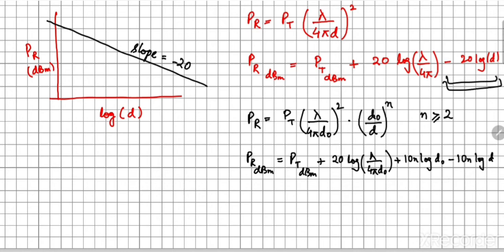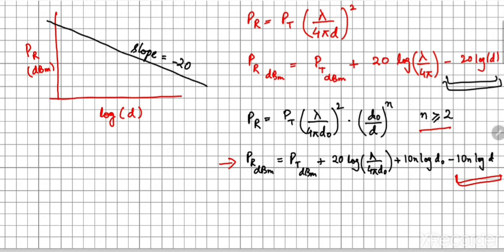And if you now look at this part, you are going to see that with the value of n being greater than or equal to 2, the slope of the expression of PR dBm versus log of d is now going to be larger.